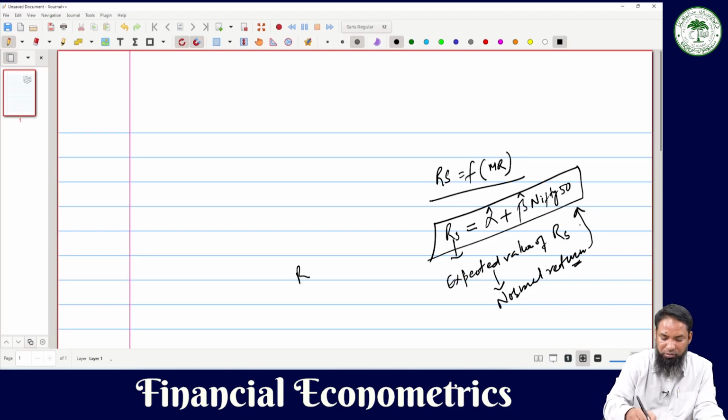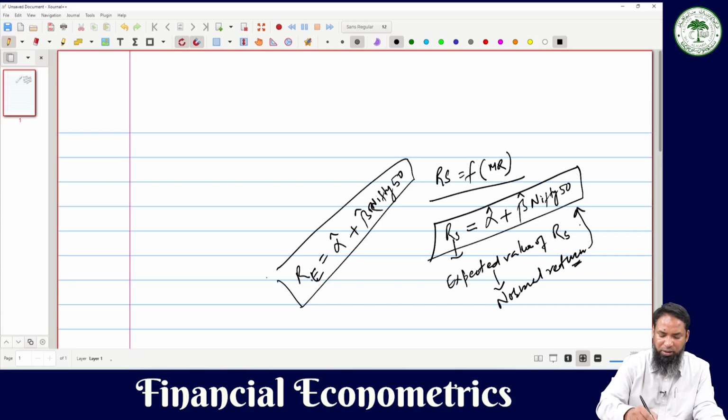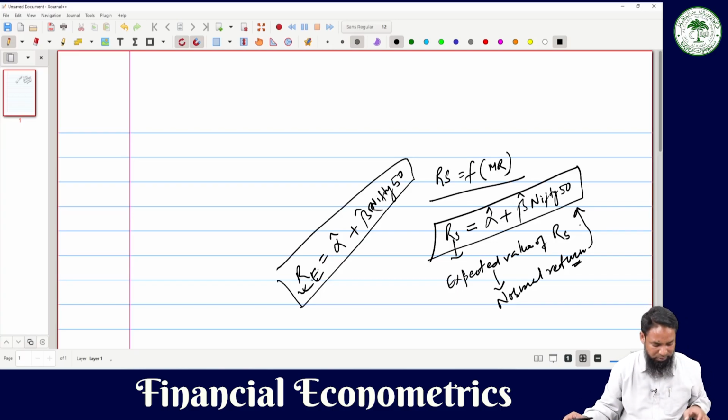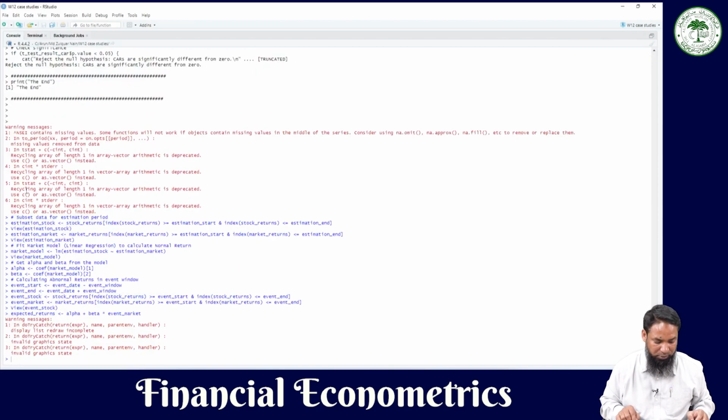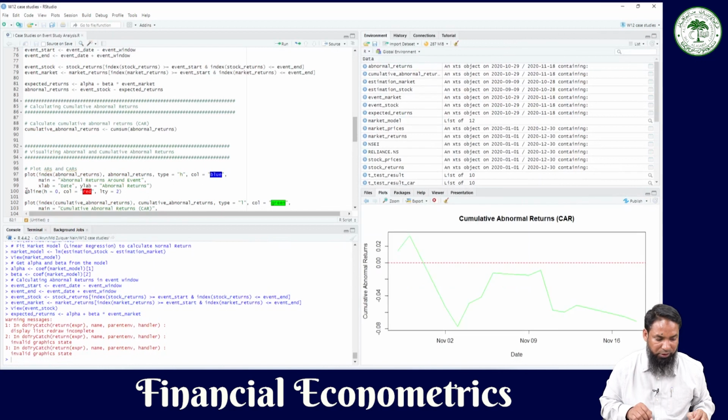Then we find the expected return of the Reliance stock using alpha estimated plus beta estimated, times the return of the Nifty 50 on that particular day. So we use this to predict the value of the Reliance return. That is what we are doing here. So we calculated that.